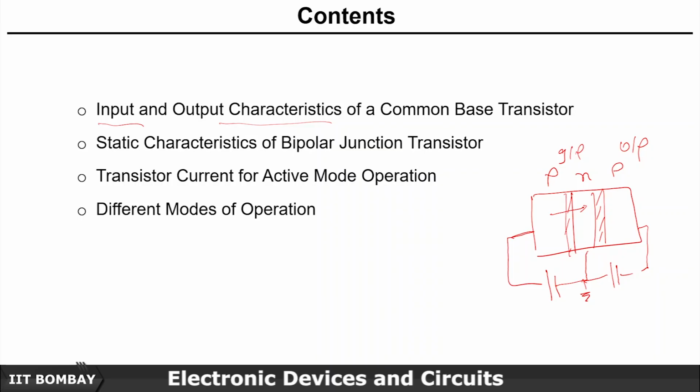For example, right now we are talking about forward and reverse. How about reverse forward? How about if both are reverse? How about both are forward? There are many possibilities. We are just discussing one, which is known as the active mode of operation. So, forward and reverse is known as the active mode of operation.